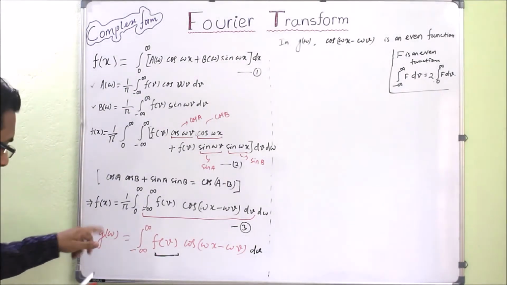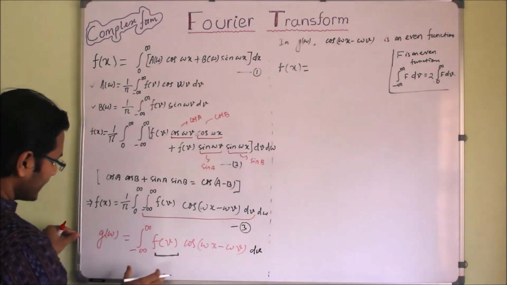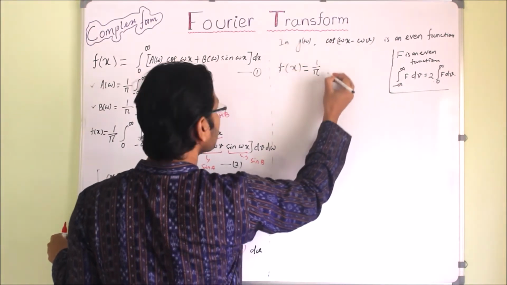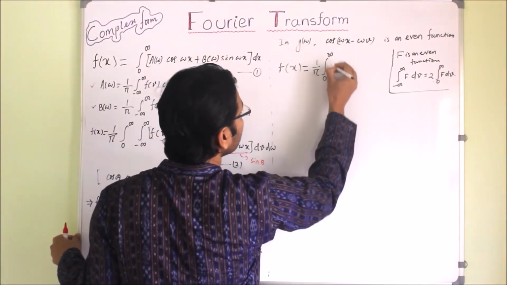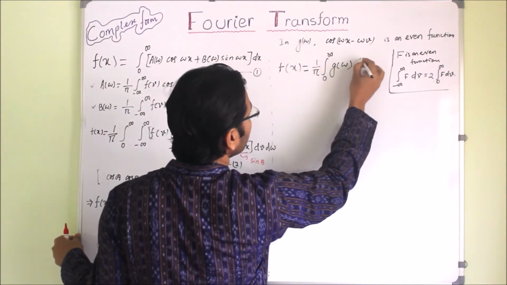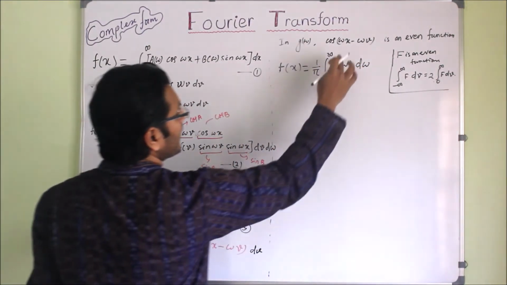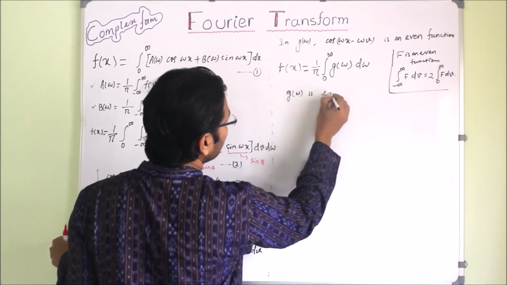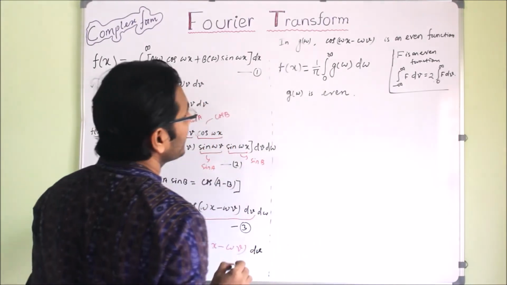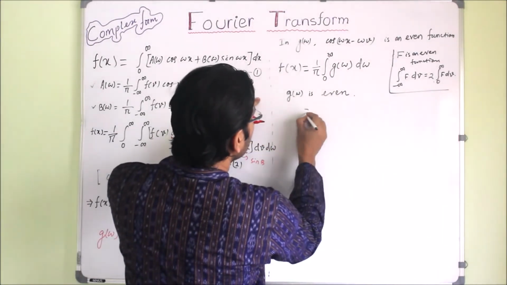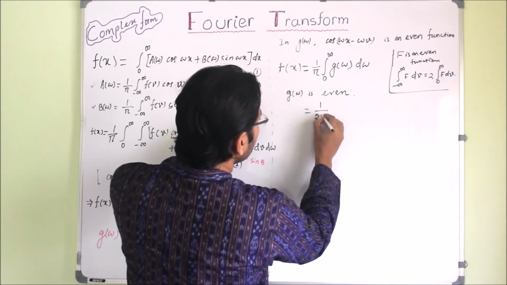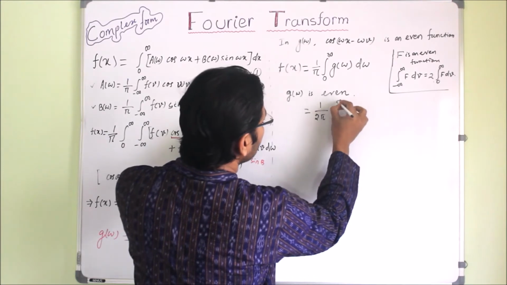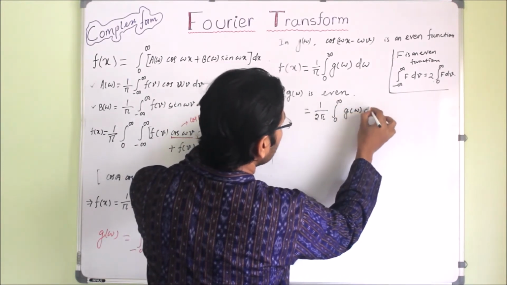So now f of x will be 1 by pi times the integral from 0 to infinity of g of w dw. But as gw is even, we can write this equal to 1 by 2 pi times the integral from minus infinity to infinity of gw dw.